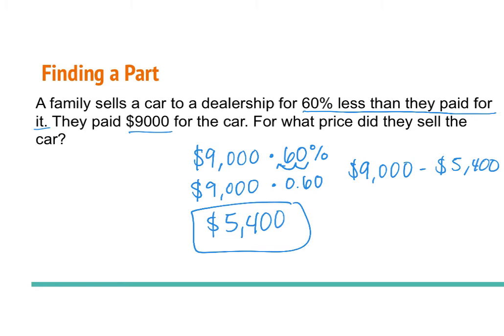But it's 60% less. So let's go ahead and subtract these, and we will end up getting 3,600 as our answer, okay? So $3,600 is what they sold the car for, okay? Remember this step. This step is super important to go back and to subtract what you got from the original price.